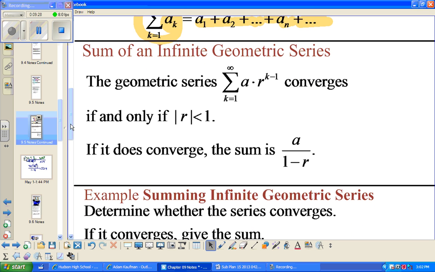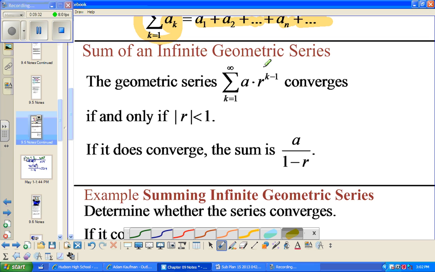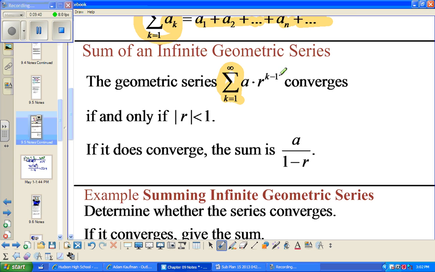Then you can also look specifically at the sum of an infinite geometric series. Same beginning. We'll go from k is 1 to infinity, and then it's just the geometric series, a times r to the k minus 1. Now here's what you need to note. That will converge if and only if the absolute value of r is less than 1.